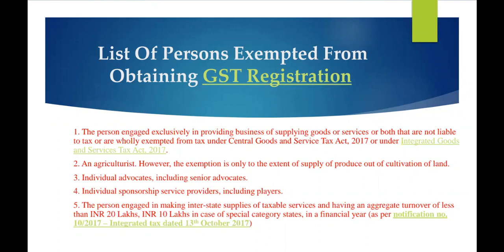So those people who are dealing in particular goods and services in interstate, and having an aggregate turnover of less than 20 lakhs and 10 lakhs in some cases, in the specified above mentioned cases, even those persons are also relieved from obtaining the registration.